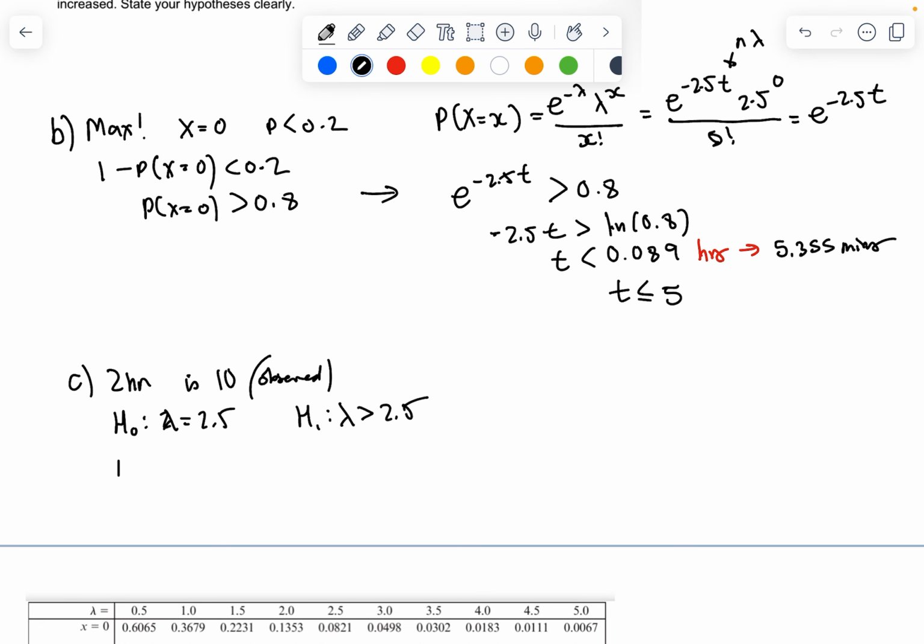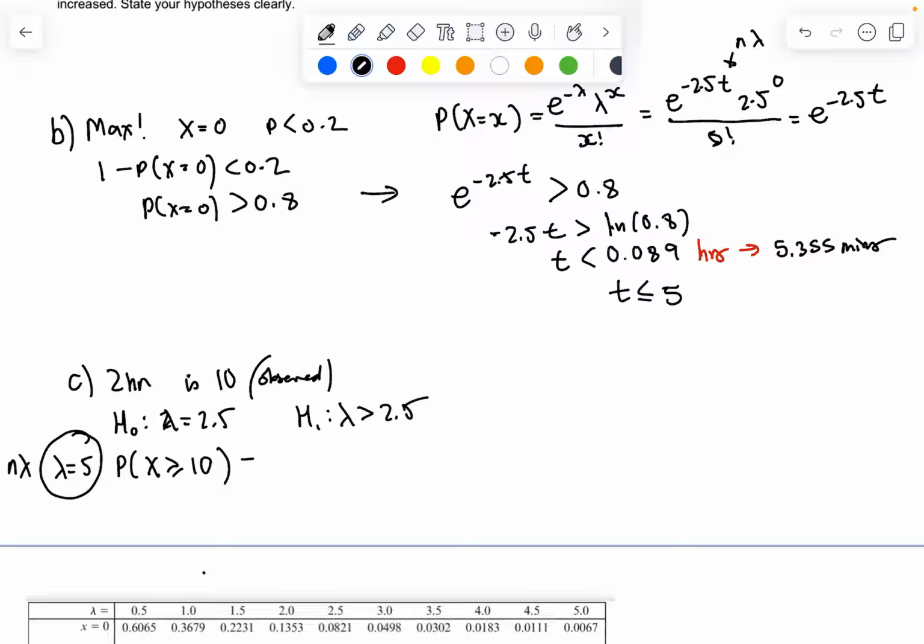So we're going to say, right, what's the probability that X is greater or equal to 10? Okay, but we're doing it over 2 hours, because it's 10 in 2 hours. So when we do the test, we are going to do the test with lambda equal to 5. Okay, because that's our n lambda.